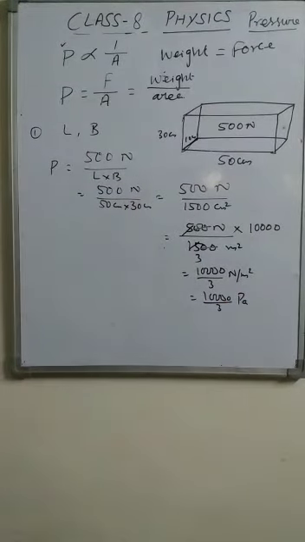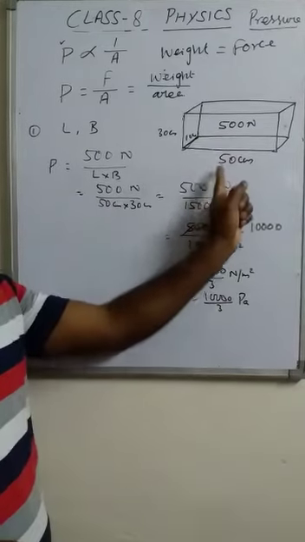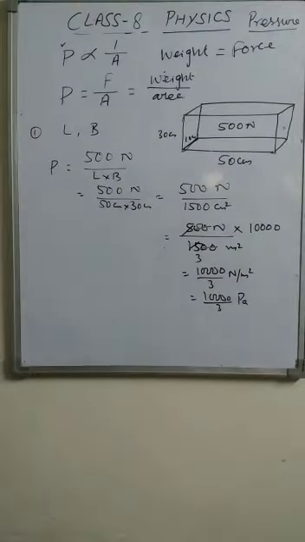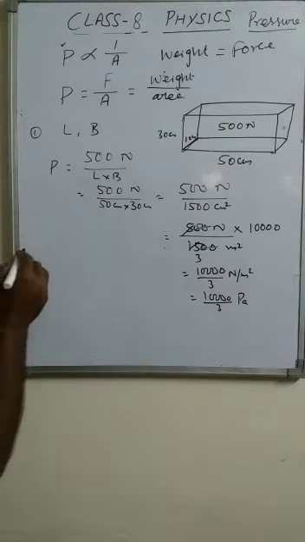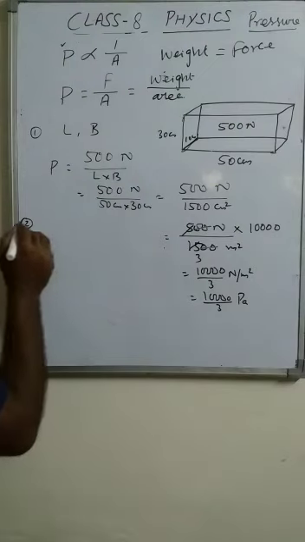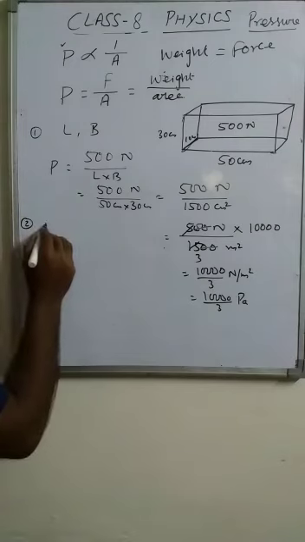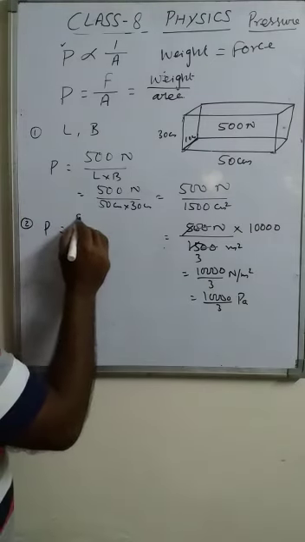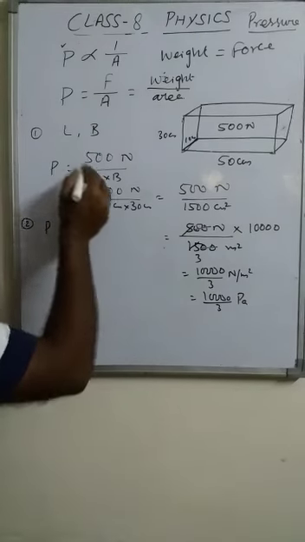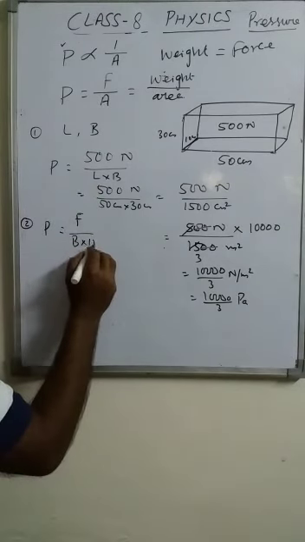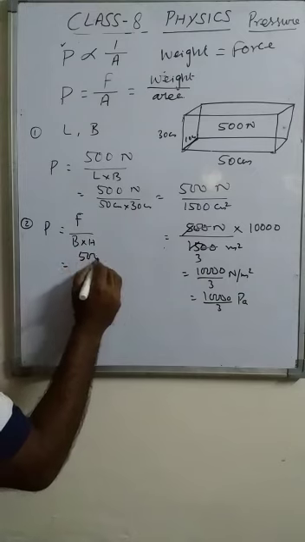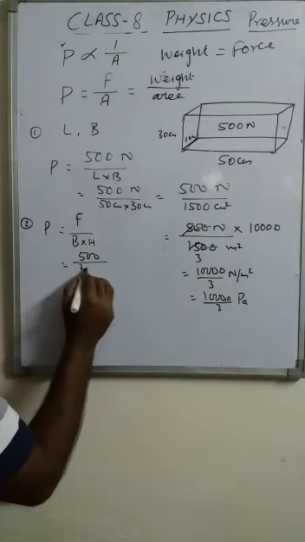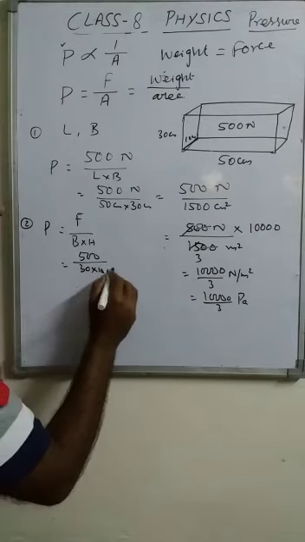This is the pressure exerted by this cuboidal object when the length and breadth are in contact with the surface. Then coming to the second case, we take the force upon the breadth and height. In this case 500 Newton, and the area, breadth and height, is 30 and 10 centimeter square.